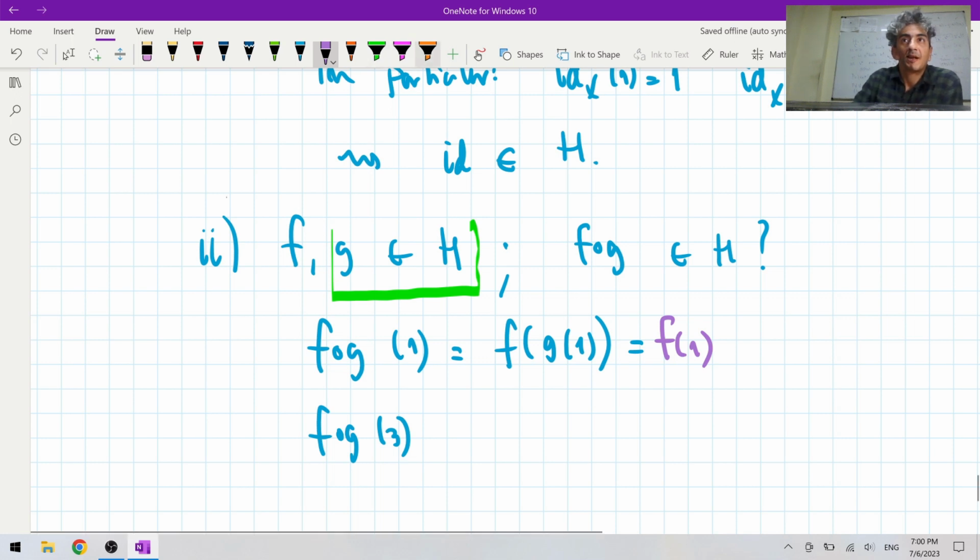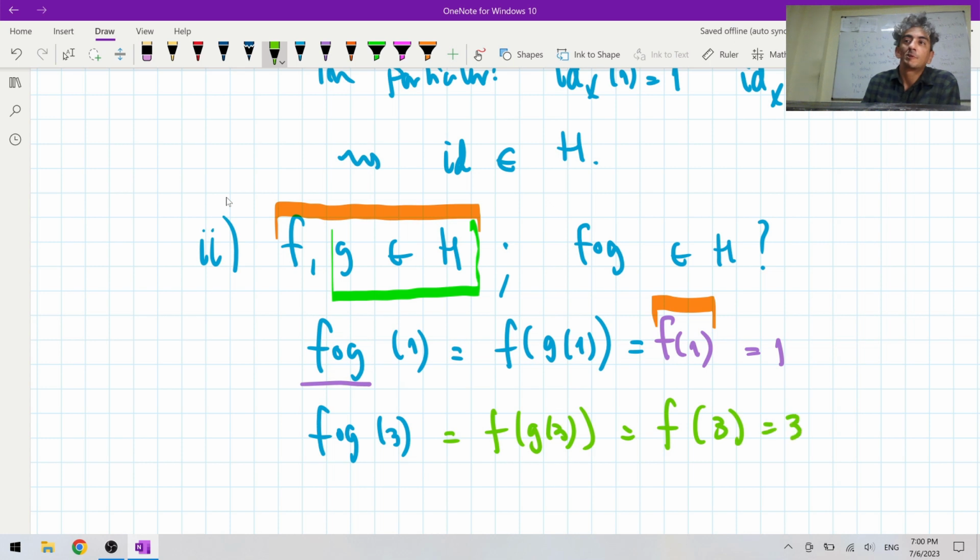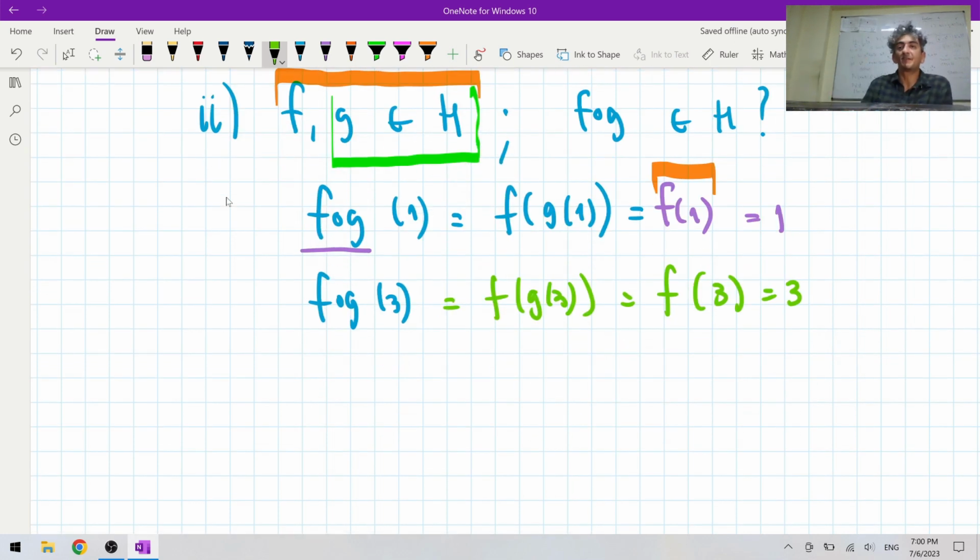And since f belongs to H, f of 1 needs to be 1. So the composition fixes 1. By the same token, the composition also fixes 3. So the composition fixes 1 and 3, then the composition belongs to H.